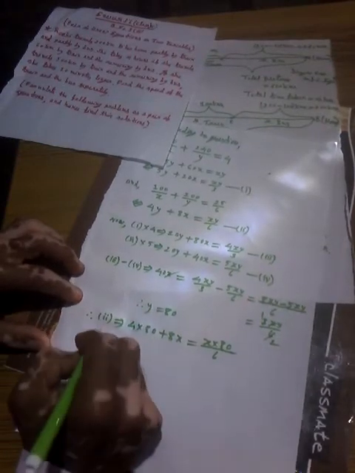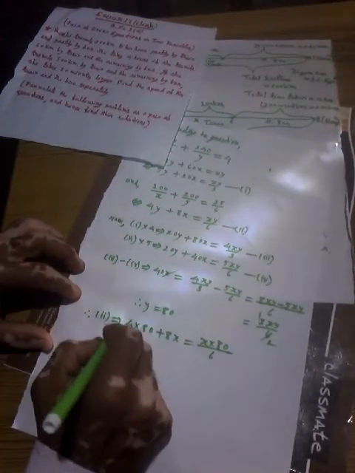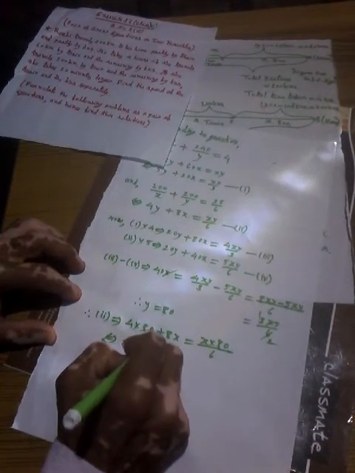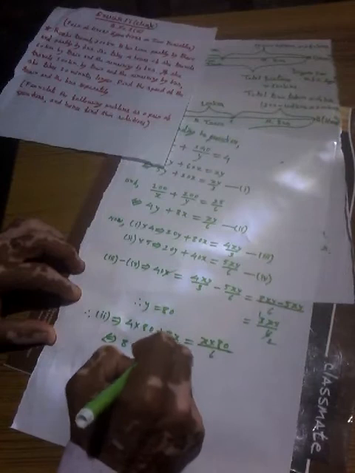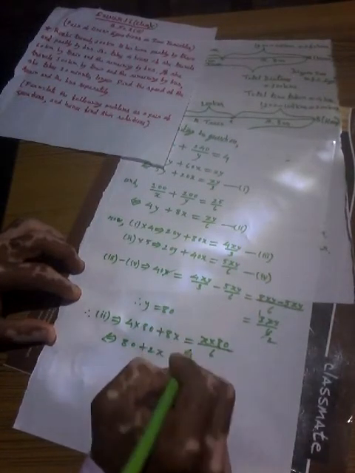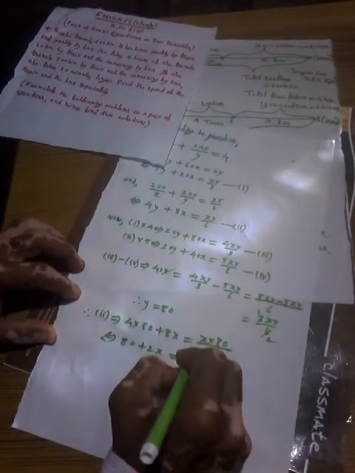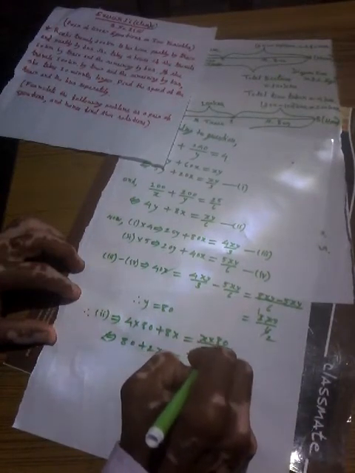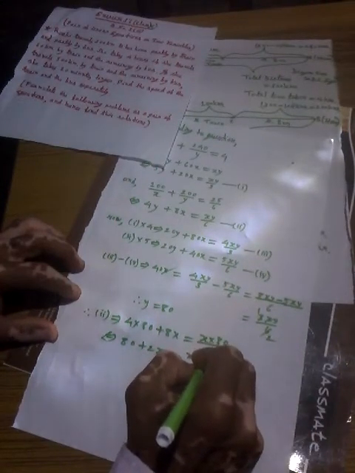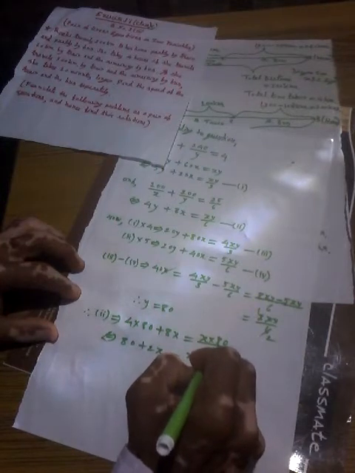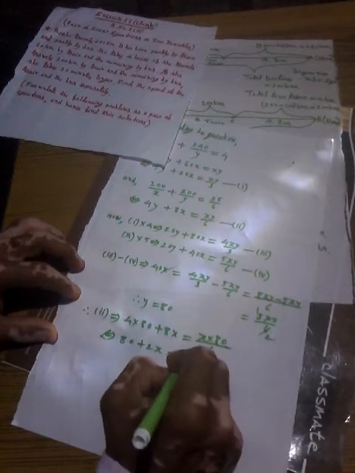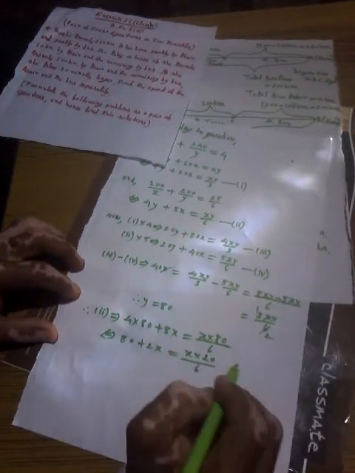This implies 80 plus twice x is equal to x into 20 by 6.